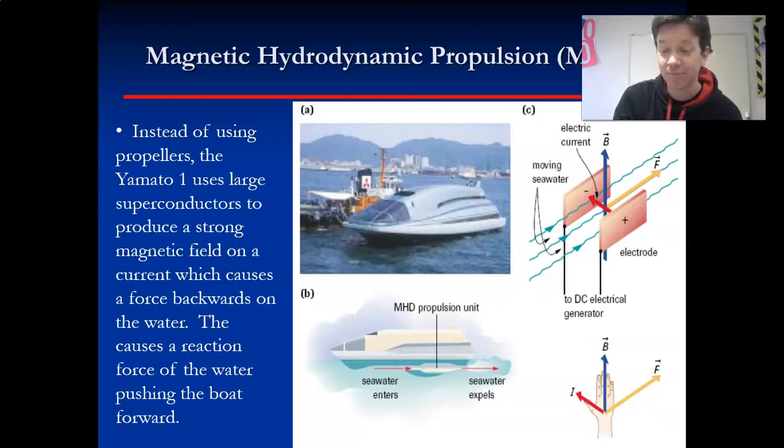Put your index finger in the direction of the magnetic field, and your middle finger will point in the direction of the force. So what's happening is there's a force being exerted on that seawater pushed out the back of the boat. Newton's third law says you push that out the back, it's going to push you or the boat forward. And so it's a really cool propulsion system.